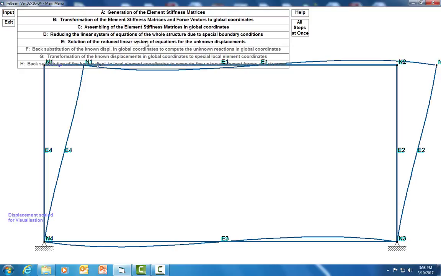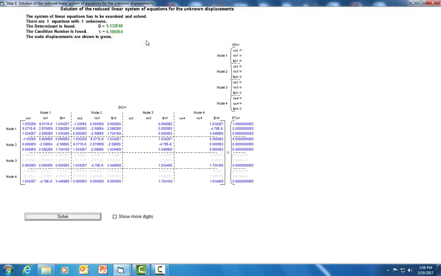Now we do the solution, and here we see very important, the condition number is small, 10 to the power 4, so the linear system of equations is stable. And we go for the solution, and you find here the solution.